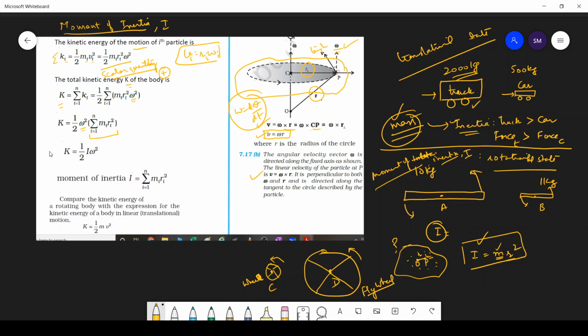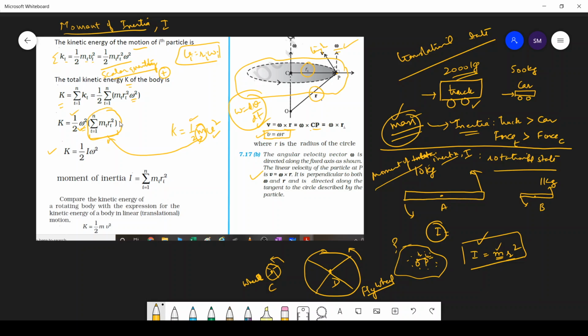But now we know that if we compare this with K is equal to half mv square, here this half is there, yes. The linear velocity is replaced by angular velocity square, yes, it is there. So instead of mass, I have this summation m_i r_i square.